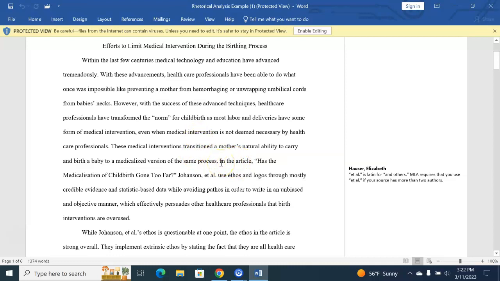For now, what I want to do is look at your thesis statement. This is the thesis statement for this essay. "In the article, 'Has the Medicalization of Childbirth Gone Too Far?', Johansson et al. use ethos, logos through mostly credible evidence," there's our ethos, "and statistic-based data," there's our logos, "while avoiding pathos in order to write in an unbiased and objective manner," there's a judgment, "which effectively persuades other healthcare professionals that birth interventions are overused."